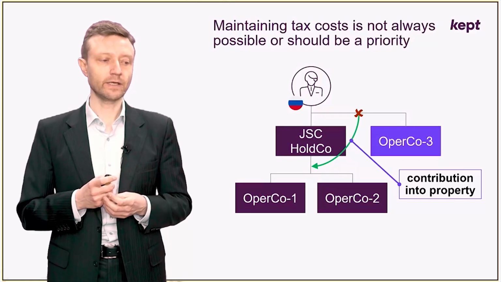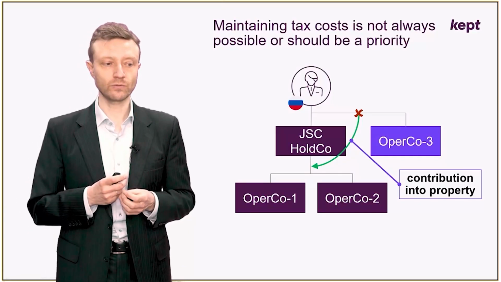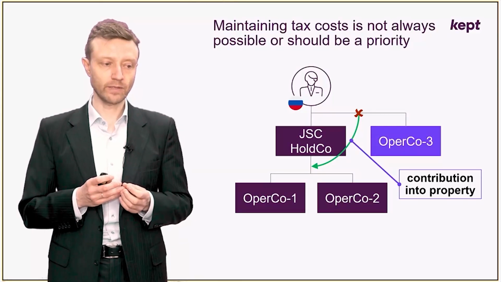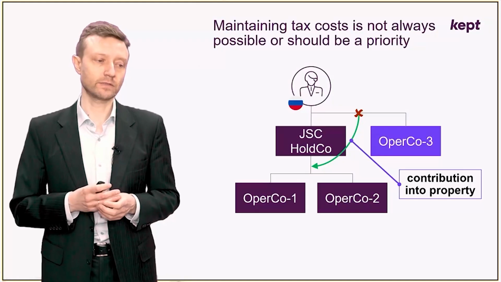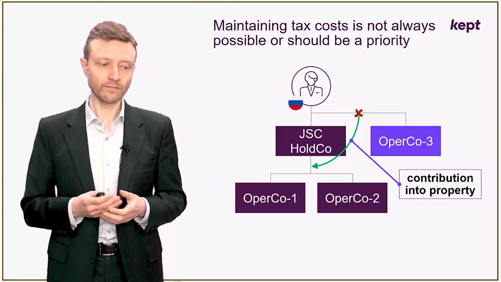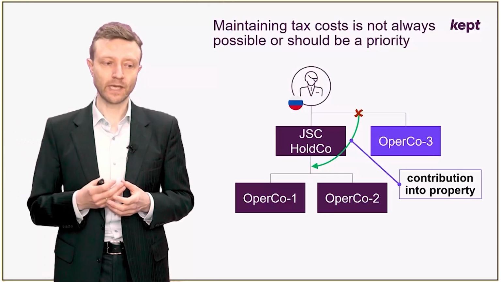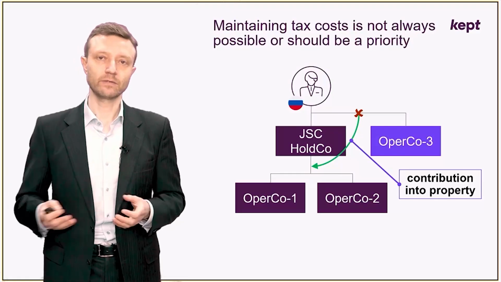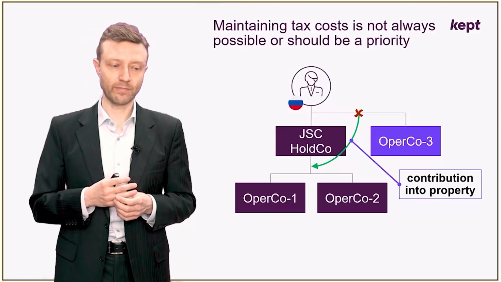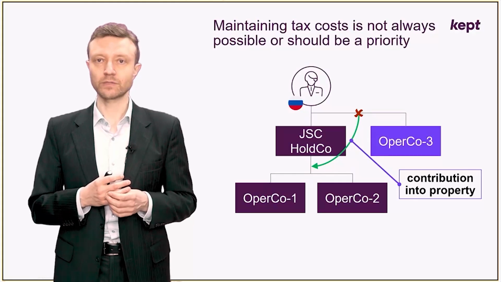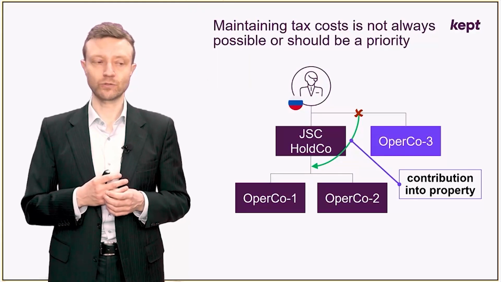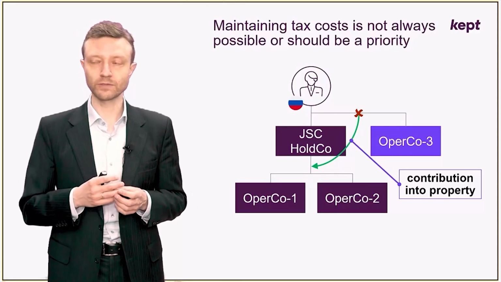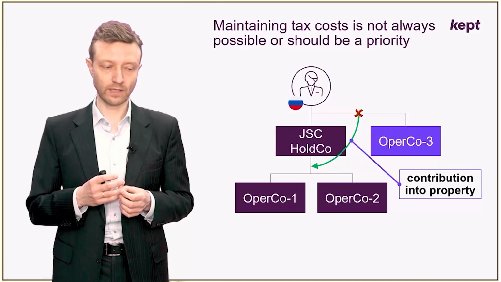And in this case, if contribution is made into capital with issuance of additional shares of a Russian company or any company, it doesn't really matter, but if additional shares are issued, then accumulated capital gains and increased market value of the operating company which is being contributed is going to be subject to personal income tax based on these so-called material gain rules in Russia.